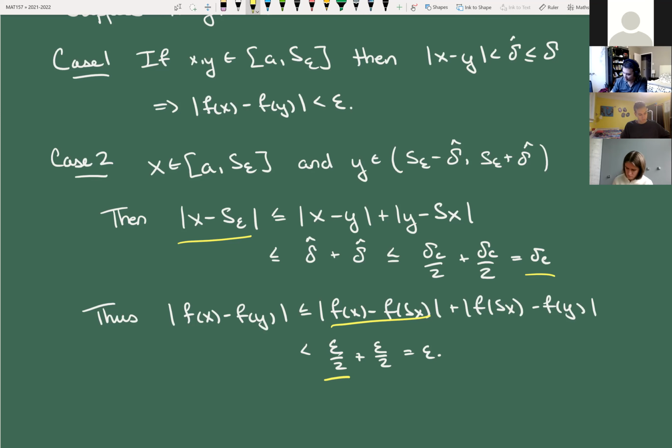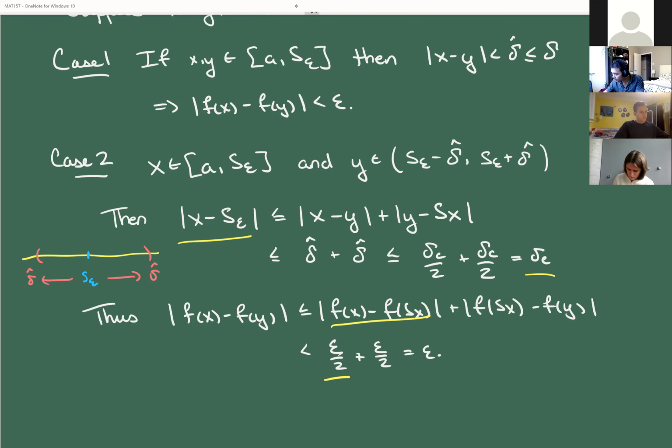Right, so again, the idea here, you've got S sub epsilon, you've got this delta hat distance in either direction, and then you've got, what do you want?